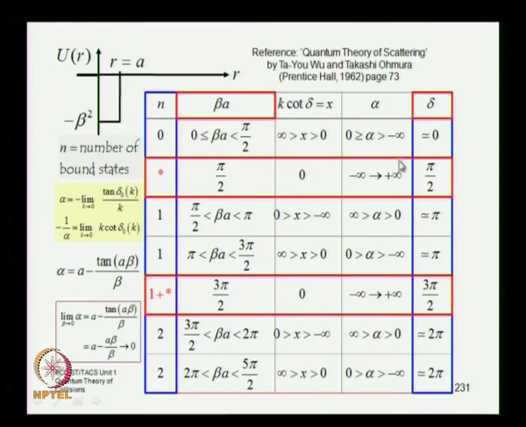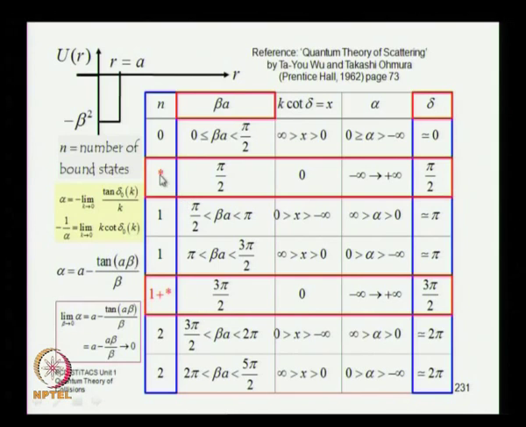Then when the phase shift is pi by 2, that is when you get the first resonant bound state. That is when the electron is just about to be bound, because it is resonantly bound, and that is what I have indicated by this asterisk over here. So, this is what is sometimes referred to as the half bound state, because it is resonantly bound. For any depth less than this it will not be bound, for slightly more than this depth it will get bound.